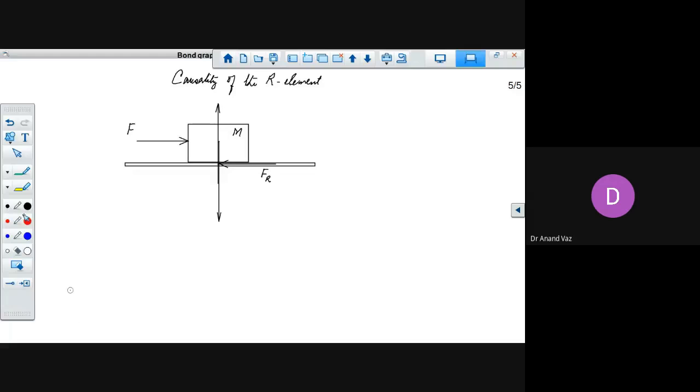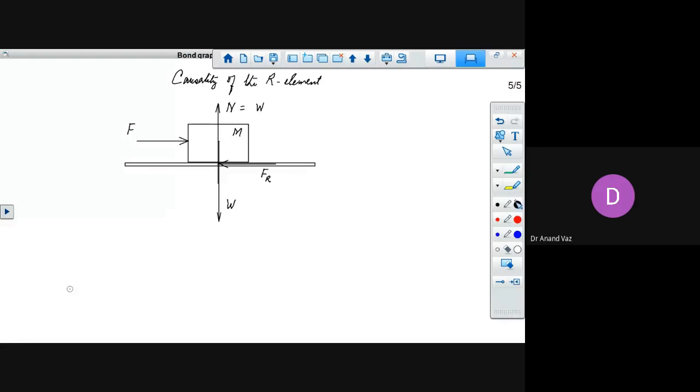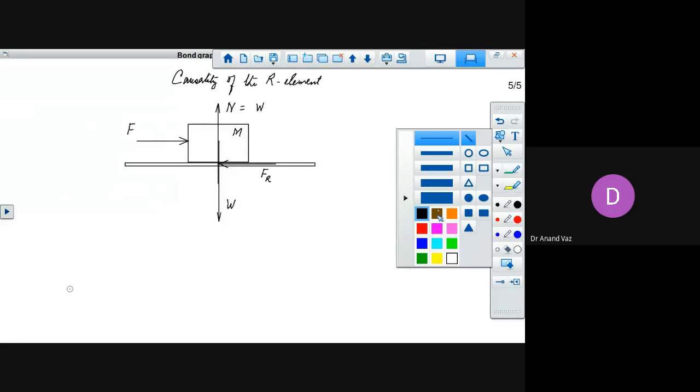So this is our normal reaction, and this is the weight. Since there is no motion in this direction, this has to be equal in magnitude but opposite in direction to the weight. These are vectors, but in magnitude, this normal reaction is equal to the weight. Now, suppose we apply a force starting from zero.